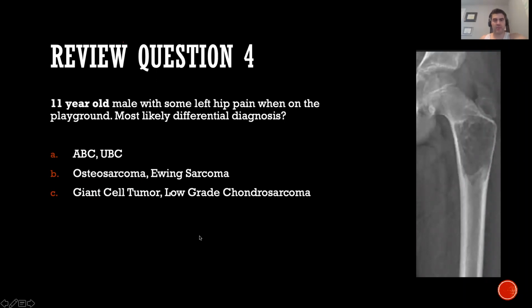great. Osteosarcoma and Ewing sarcoma are definitely diseases of young people. But again, if you take a look at this, you can see these well-defined lines at the cortices here. You don't see a lot of expansion outside the cortex. You don't see a lot of periosteal reaction or aggressive appearance of the lesion. This is a relatively non-aggressive appearing lesion. So something like an aneurysmal bone cyst or unicameral bone cyst is a more likely diagnosis.